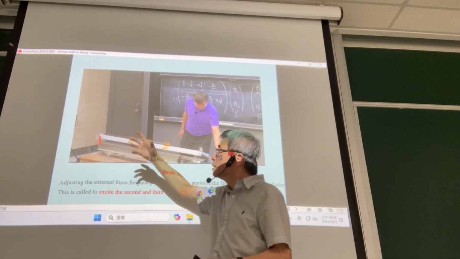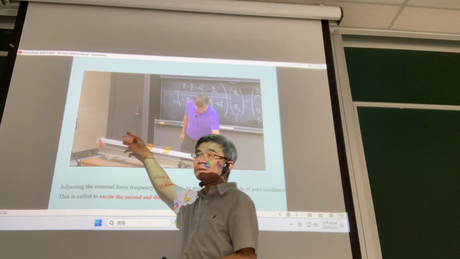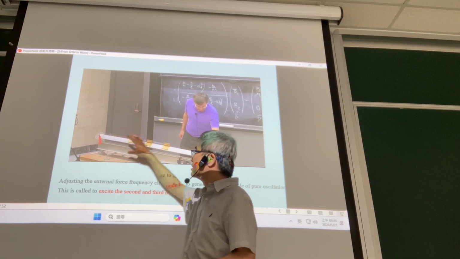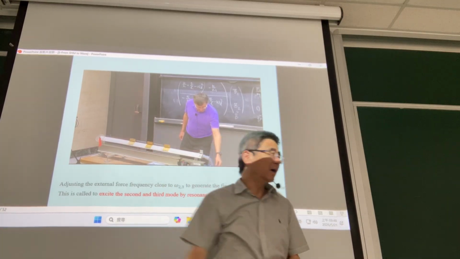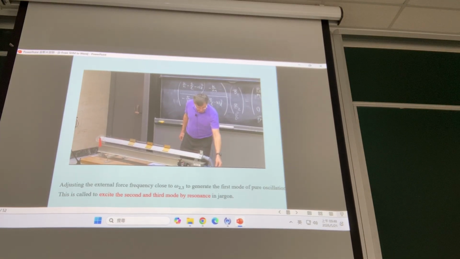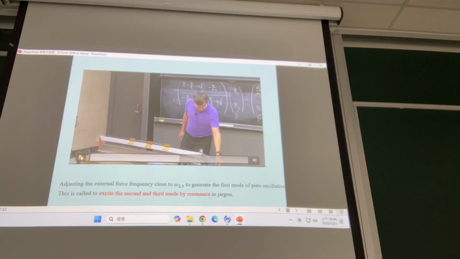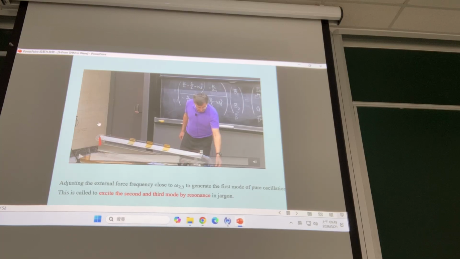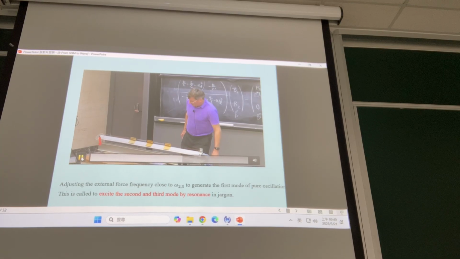So he is adjusting the frequency of the external force so that it can adjust how this coupled oscillation system is excited. Now you have seen the second mode already. Now he adjusts the frequency so that the third mode is oscillated.